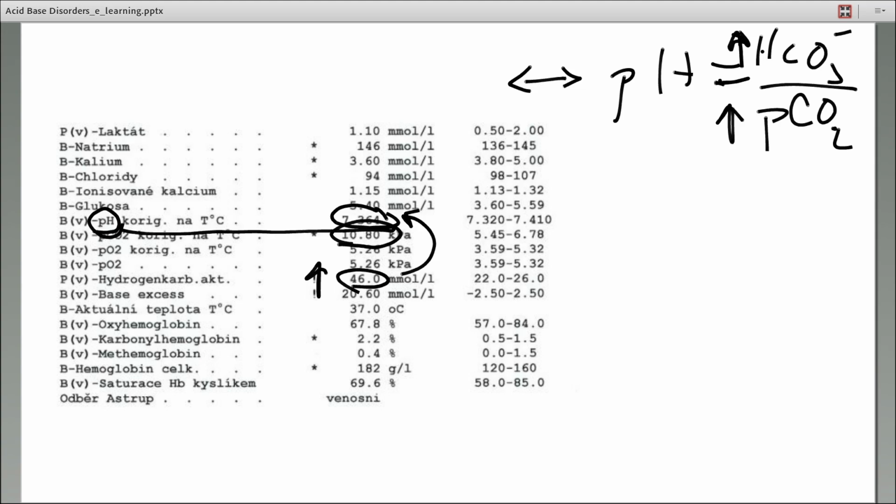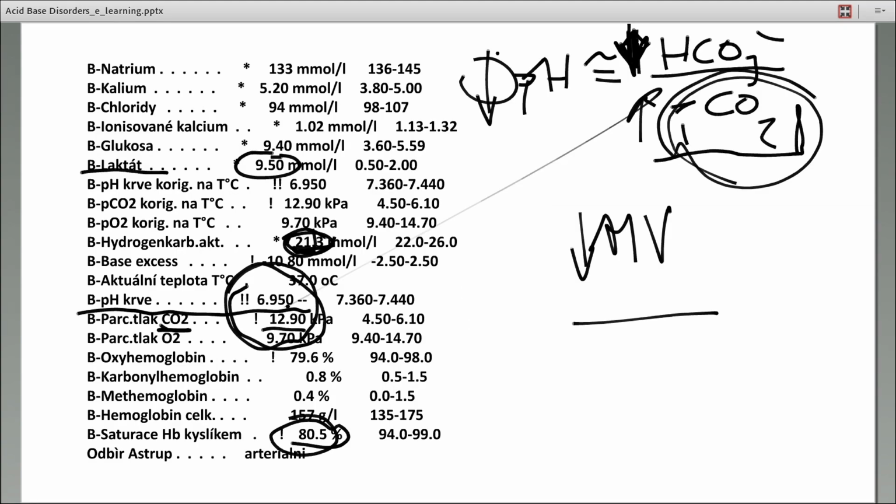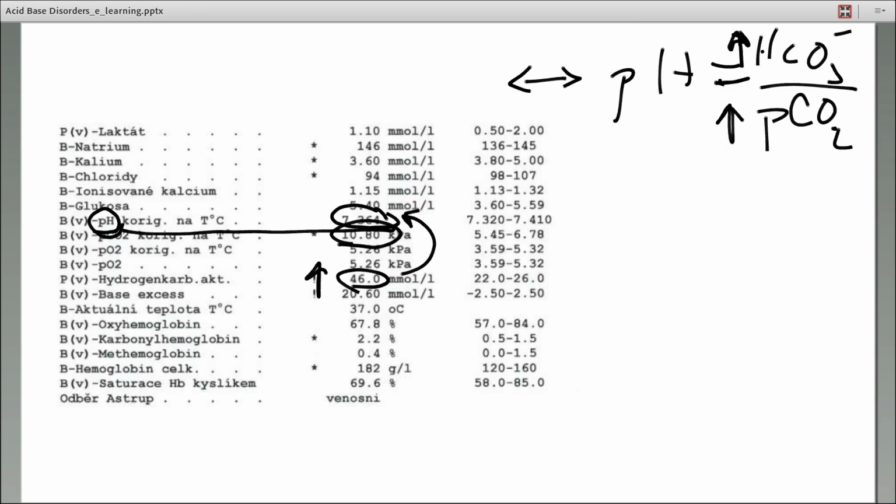And this is actually a clinical scenario of a patient with chronic obstructive pulmonary disease, a chronic obstruction that is compensated. It's a chronic problem, and you see that on the fact that his pH is normalized. But when he gets to a state of exacerbation, his pH drops down because PCO2 rises even higher.